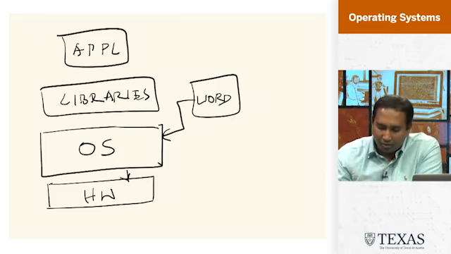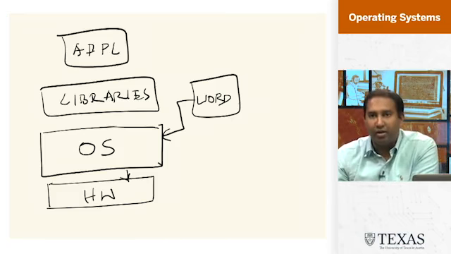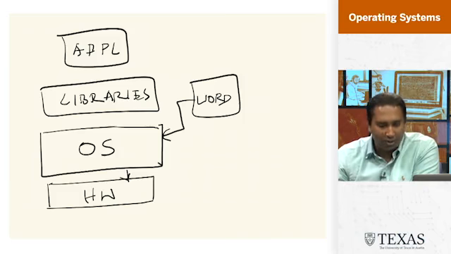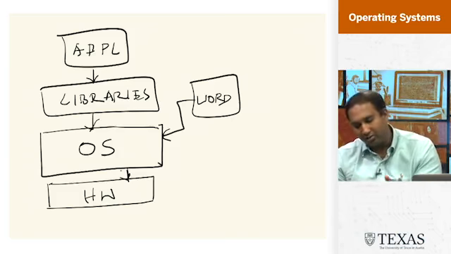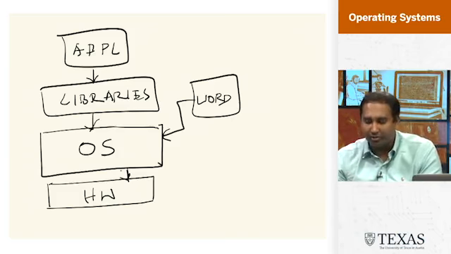A lot of the functions that programs call upon, like when you want to write to a file or call printf, are actually calling a library. Then the library in turn is calling the OS, which mediates with the hardware on behalf of all the users and all the applications.